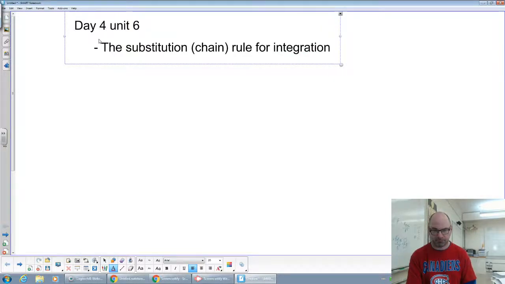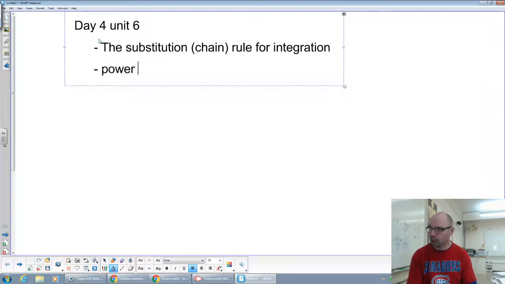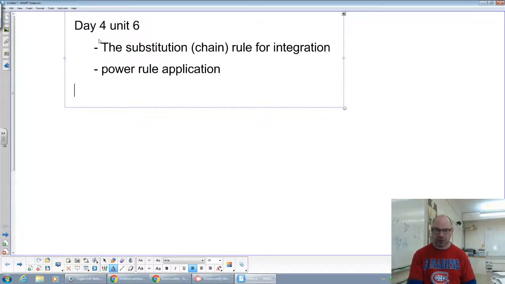This will be focusing on the power rule, so it'll be an application. We're going to do a few examples, various examples. And then again, I'll give you some practice time the next period.